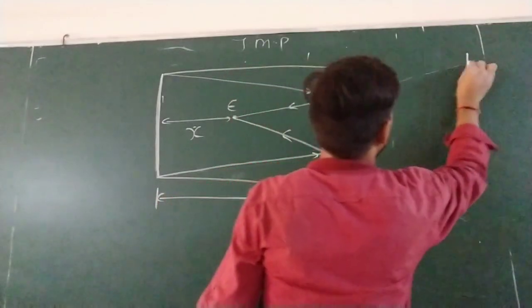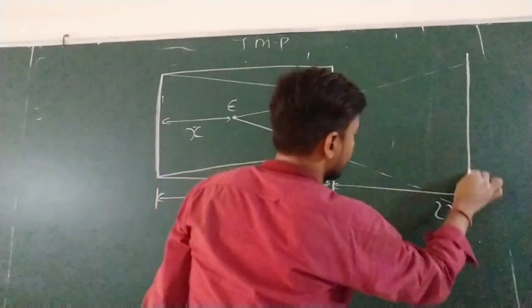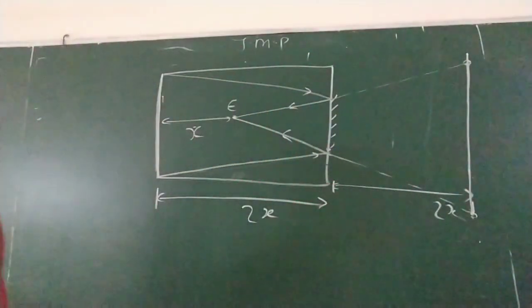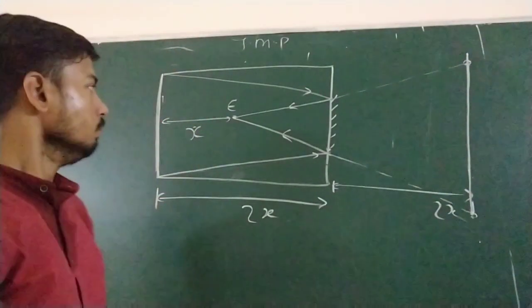It means this light should come like this. This light should come like this. Okay, so this is basically the image. Some geometry may be a bit different, but just see the concept.